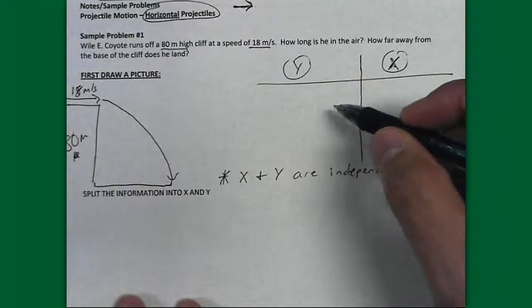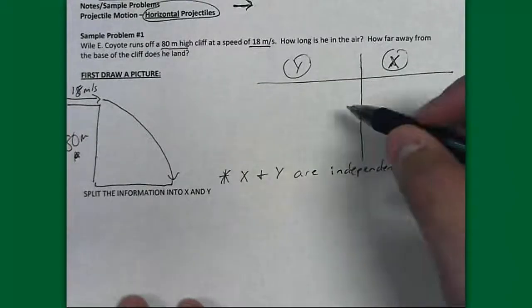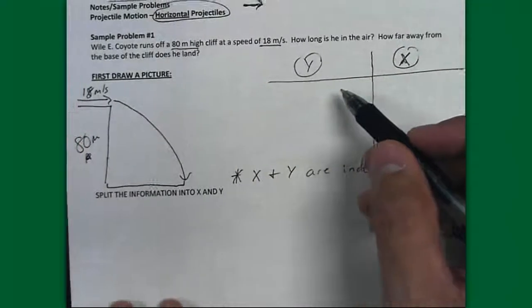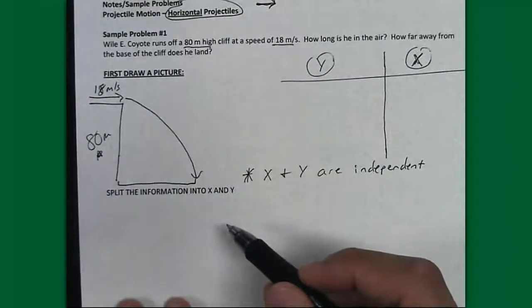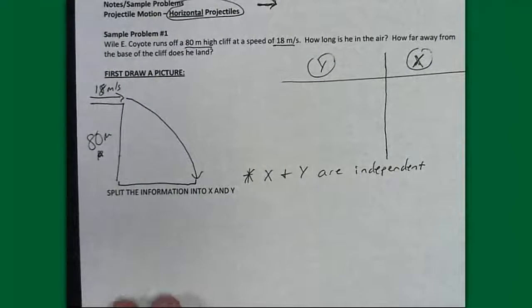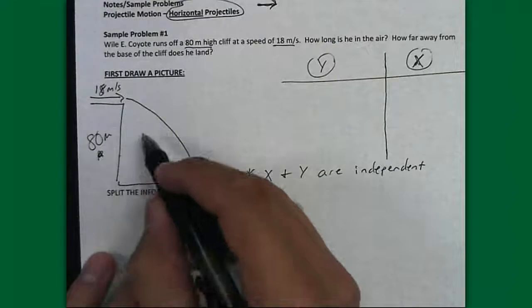We're going to now list the variables that we're going to have for each one of these, and the question is, in the y direction, with this projectile, with this Wile E. Coyote falling to the ground, this is motion. And the first question we need to ask ourselves when we have motion is, is there any acceleration? And the answer for the y direction is yes, there is acceleration, because of gravity.